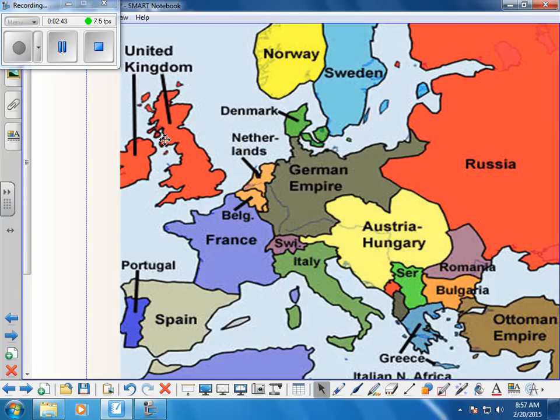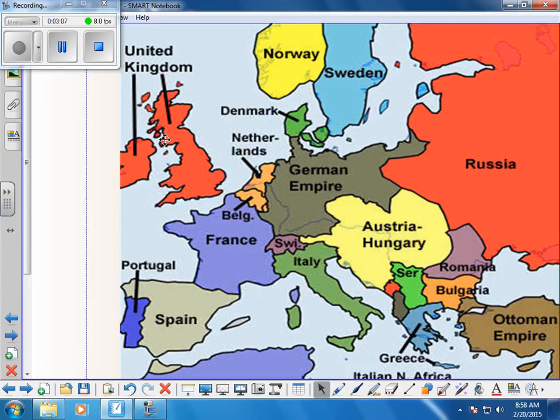The reason they did this is that their colonies had grown so large that they decided to change their name to include all of these as a United Kingdom, and then call themselves Great Britain. You can still call it England, that's not a problem. It's just they have these two names. England is the traditional name, United Kingdom of Great Britain is the new name.